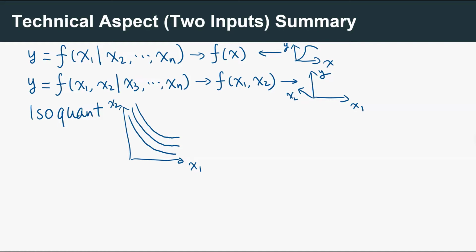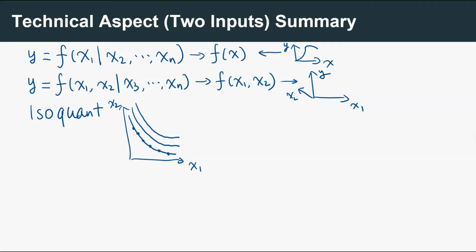And for the two input case, a little bit different from the one input case, there are so many different combinations, and later on we need to figure out which combination is the best for the producer. Either the producer wants to minimize costs or maximize profit, then the producer has to decide which point along the isoquant curve to produce.